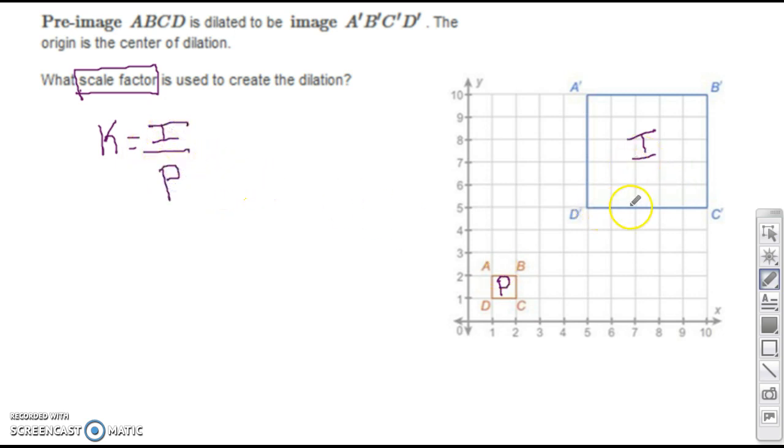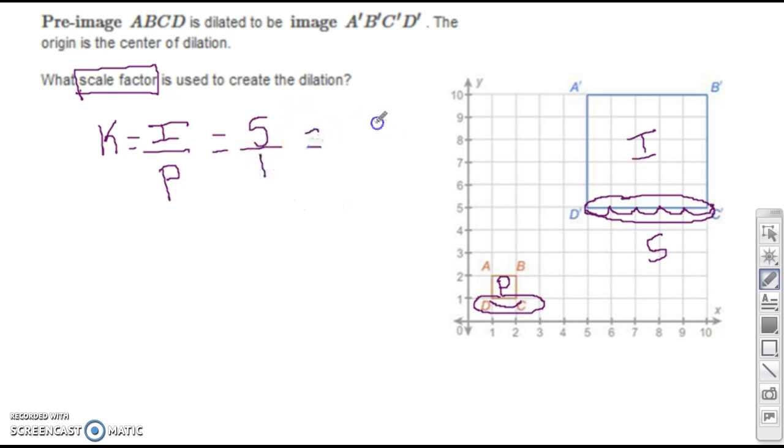So really, we can pick any length we want. I'm going to pick length DC, and I'm just going to count it. 1, 2, 3, 4, 5. That is 5 units long. And then I'm going to pick the corresponding side down here, which would be, again, DC, and that's 1 unit long. So the scale factor here is 5.